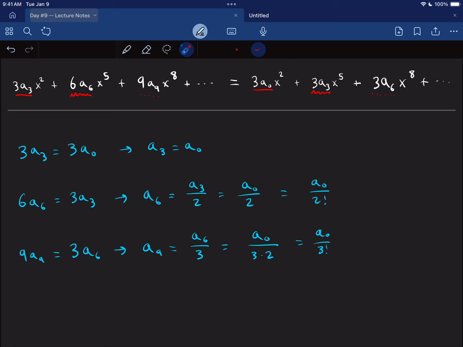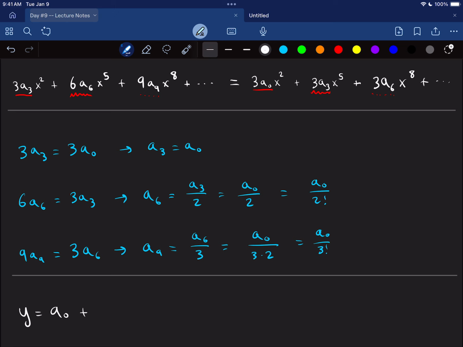So we have y equals a naught is a naught, a1 is 0, a2 is 0, a3 is just a naught. And you know what? Again, let's go to a new slide.